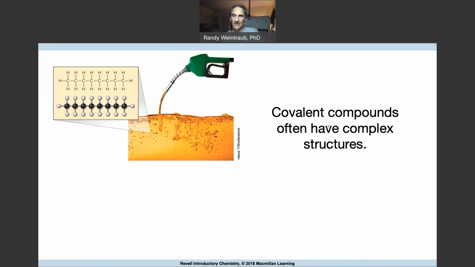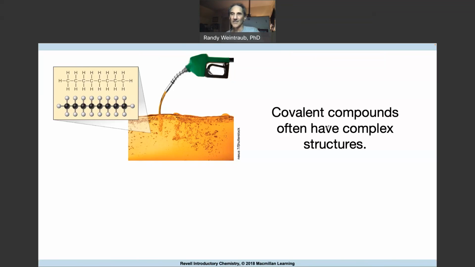Covalent bonds often lead to complex structures. Consider the molecule octane, a component of gasoline. One molecule of octane contains 25 different covalent bonds. Larger compounds contain hundreds and thousands of covalent bonds.